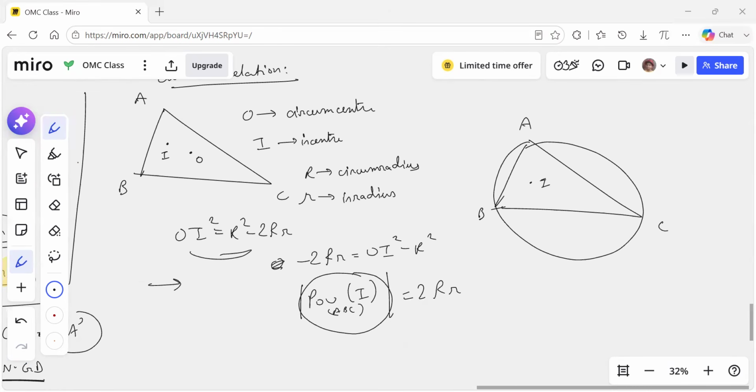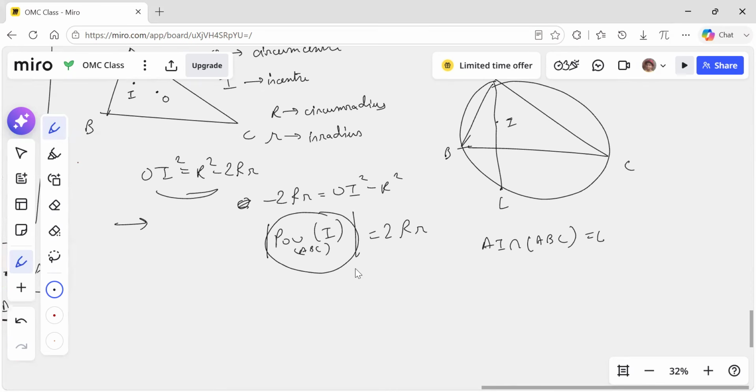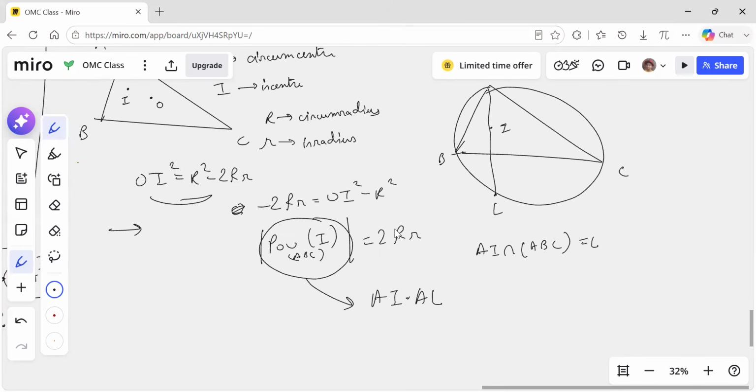AI intersect circumcircle, right. It would also have been BI and CI, but I love AI. So let's call AI intersect ABC as L. The mod of this is just AI times IL. So I would be done if I show this thing is equal to 2Rr.